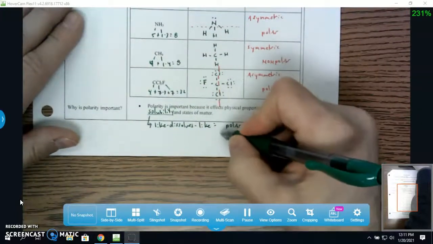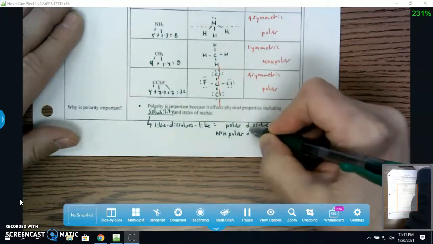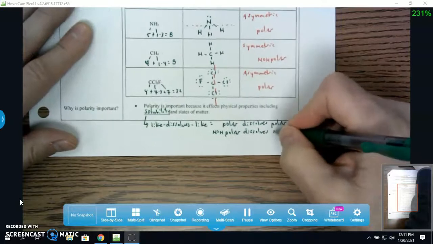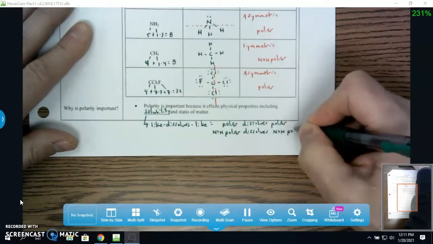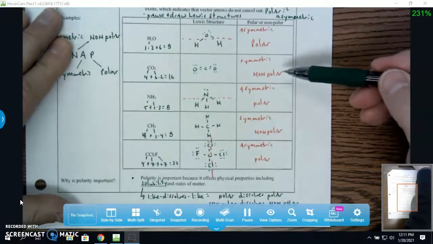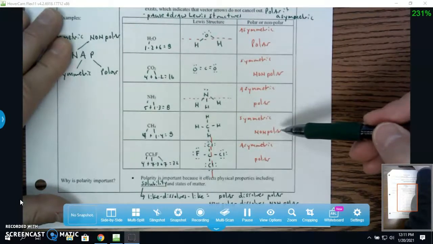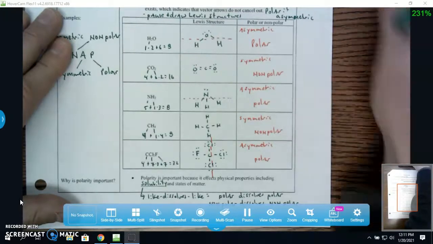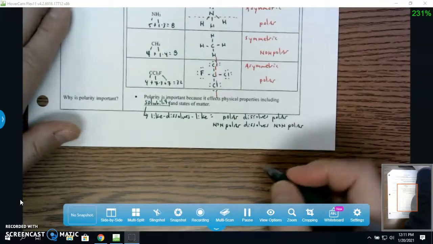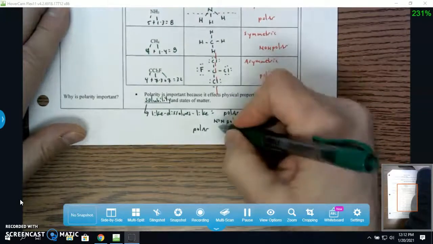Okay, also, this statement means nonpolar dissolves nonpolar. Okay, so for example, we might expect that carbon dioxide would be soluble in methane, CH4, okay, because both of those are nonpolar. Okay, so both of these statements right here are true, but also it means that polar and nonpolar don't want to mix.